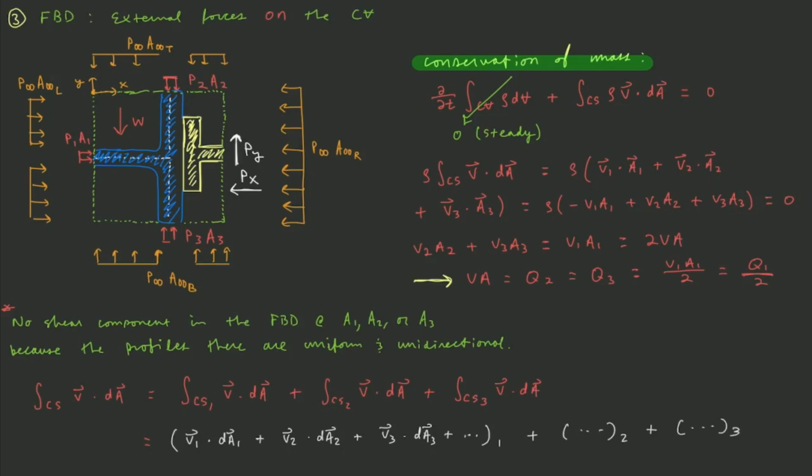What you realize is for each cross-section 1, 2, and 3, the velocities within them are equal because the velocity profiles are uniform and unidirectional. So effectively you can pull these velocities out of each sum. So v1, v2, v3, all the way through vn for each cross-section are all equal within their respective cross-section. The velocities are not necessarily equal amongst the cross-sections, but the v's within each cross-section are equal.